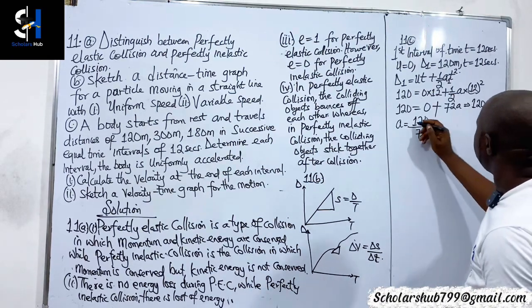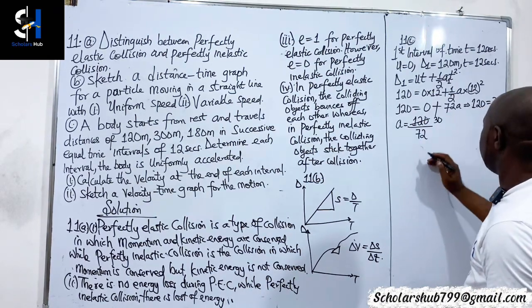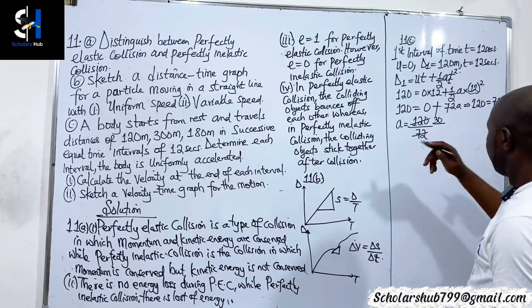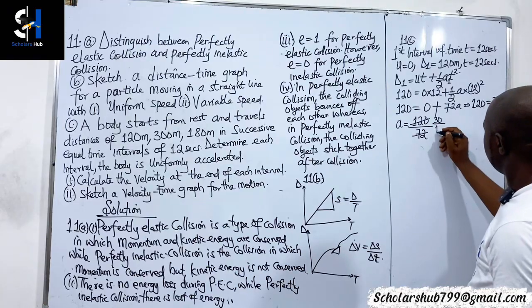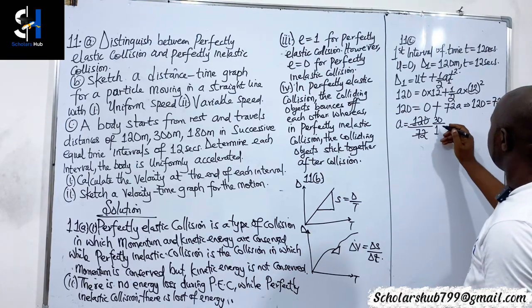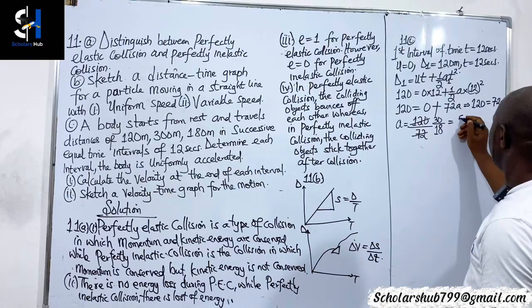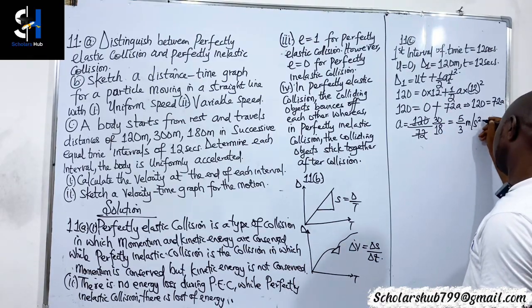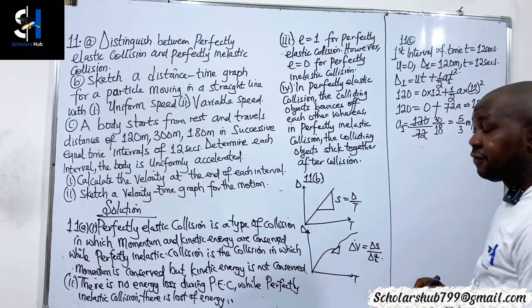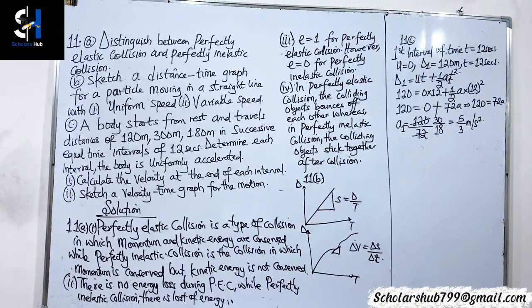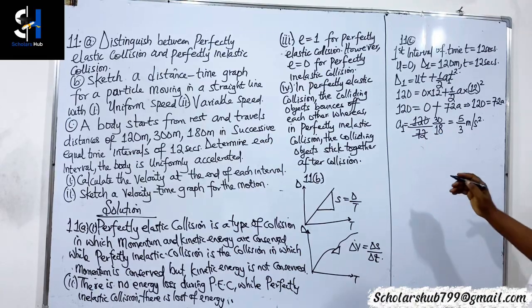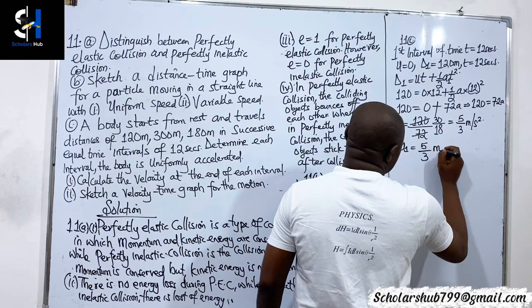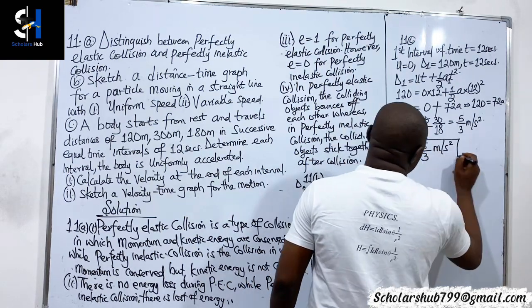Let me divide this by 4. This is 30. Dividing this by 4, this should be 18. Then divide this by 6, that will be 5, and this is 3. So the acceleration during the first interval of 12 seconds, the value of a, is 5/3 meters per second squared.